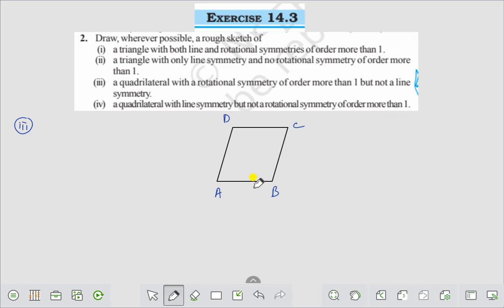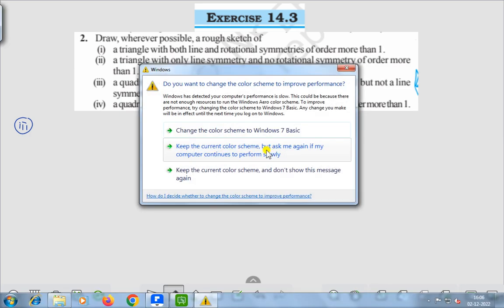That means a parallelogram is a quadrilateral which has no line of symmetry but has rotational symmetry. You will find the rotational symmetry in this case. Suppose this C will come right here.